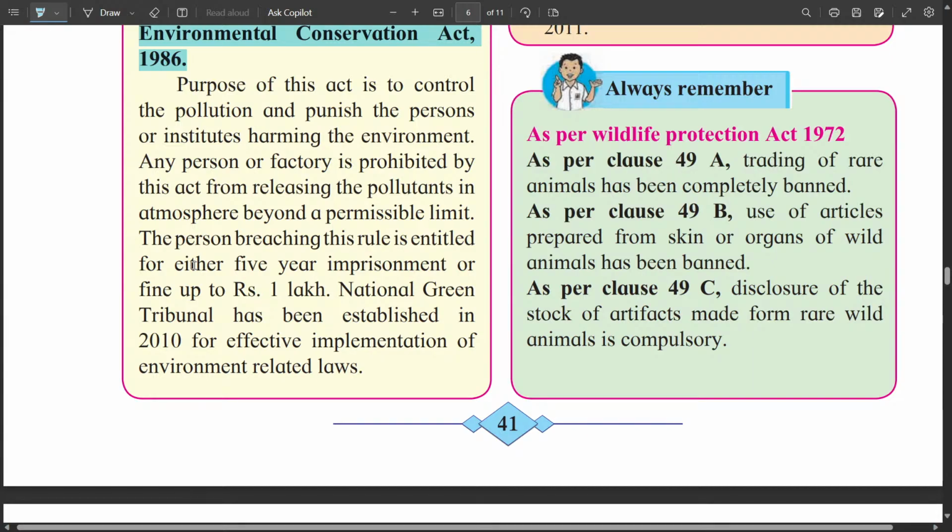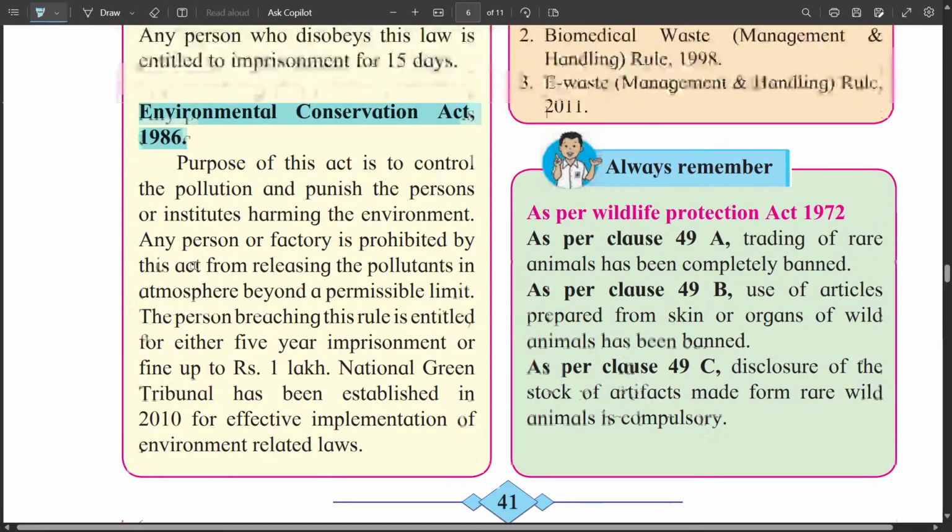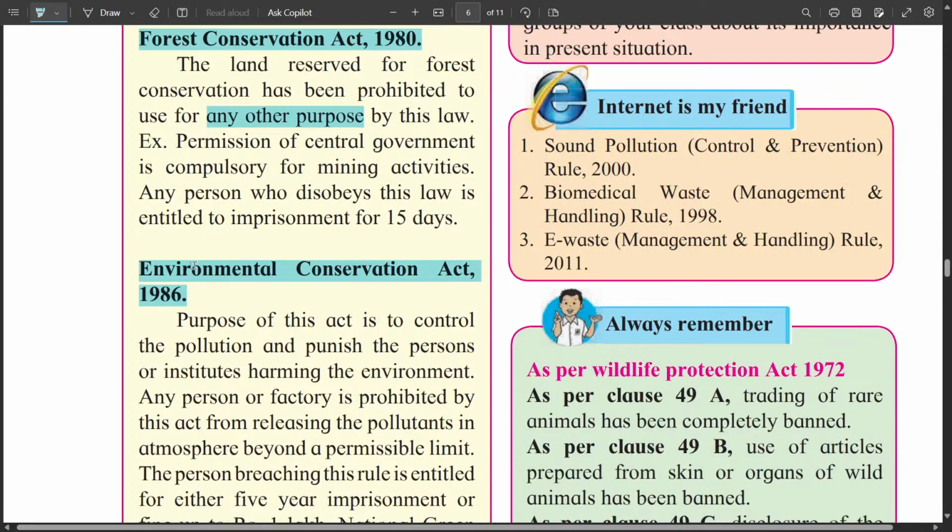National Green Tribunal has been established in 2010 for effective implementation of environment related laws. Sound Pollution Act was established in 2000. Then Biomedical Waste Management Handling Rule in 1998, E-Waste Management Handling Rule in 2011.